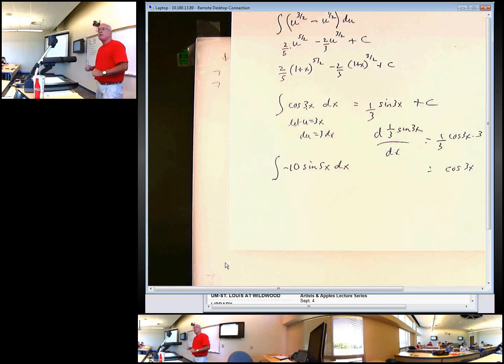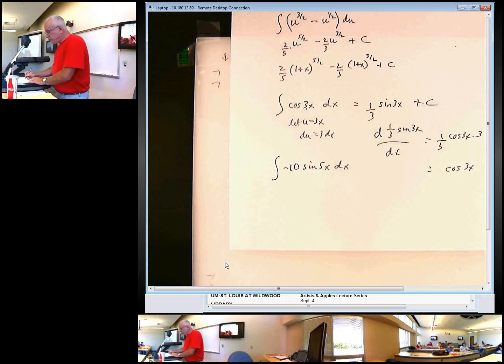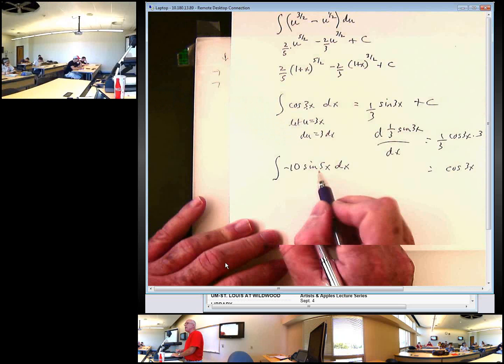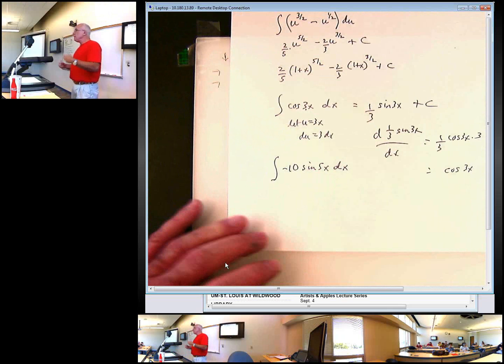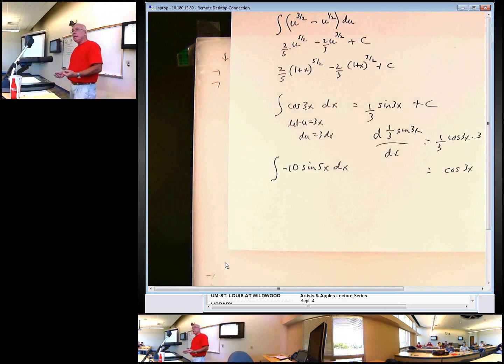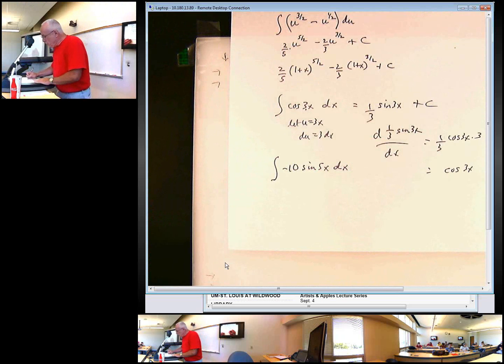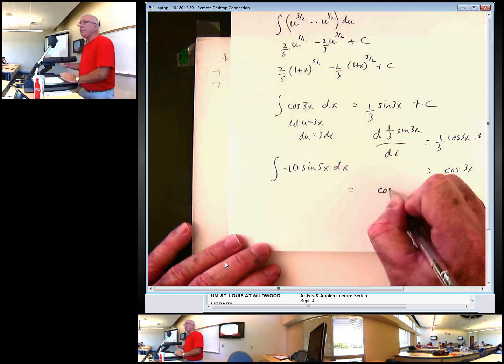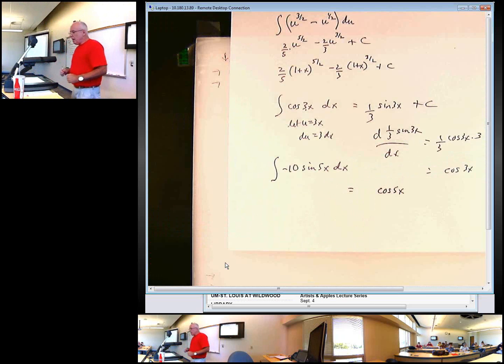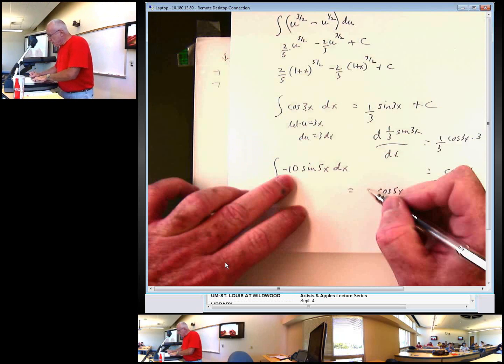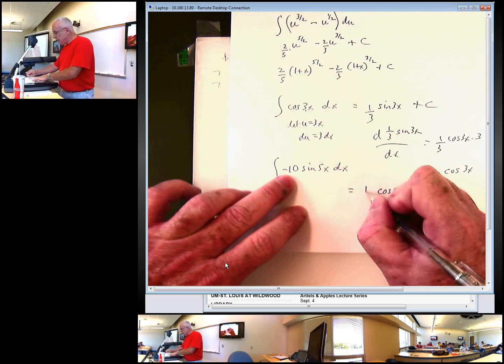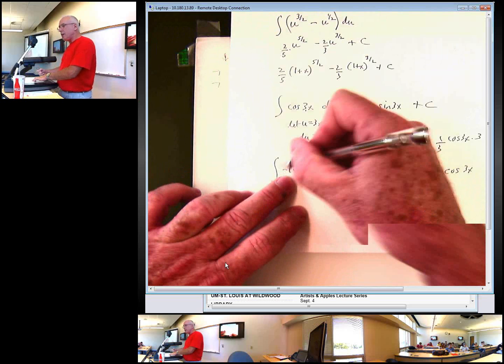All right. We've got the minus sign here. We know that the derivative of the cosine is the negative sine, so we know we're going to have the cosine of 5x over here. Now, instead of doing all this other stuff, I just have a 10. I've already accounted for the minus sign.